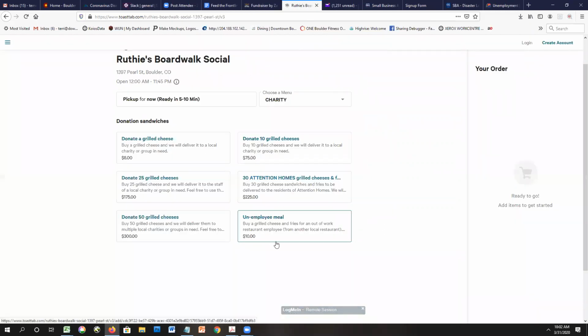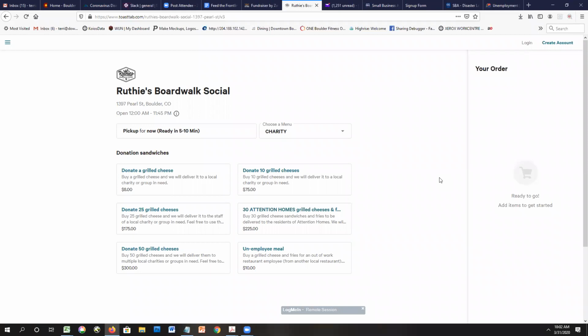Ruthie's Boardwalk Social is also doing a really cool thing where you can go on and donate sandwiches to the people working the front lines. As we continue to find these things, we will gather them and put them all in one spot so everybody can see where to go to help people who are trying to help.